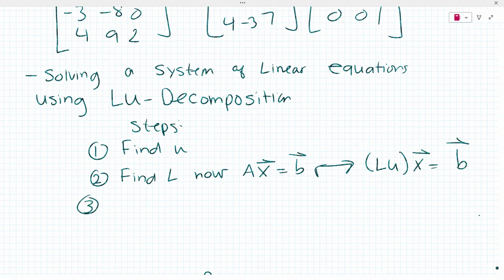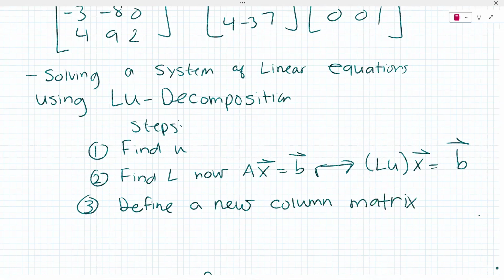Step 3, define a new column matrix or vector y such that vector y is going to give you this matrix L augmented with vector b.